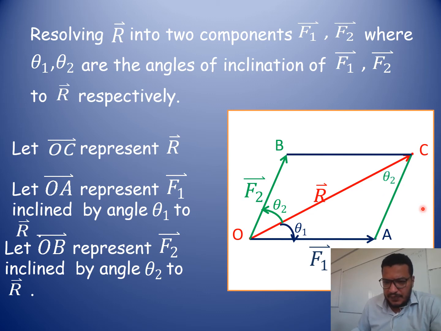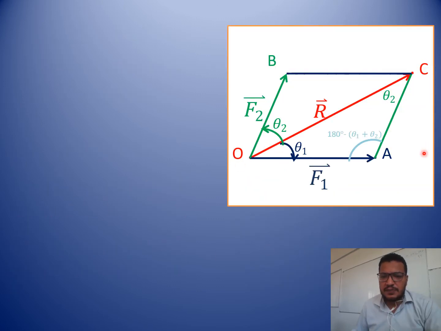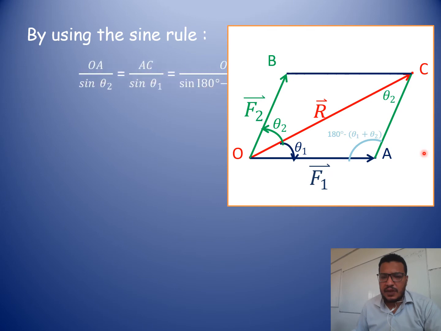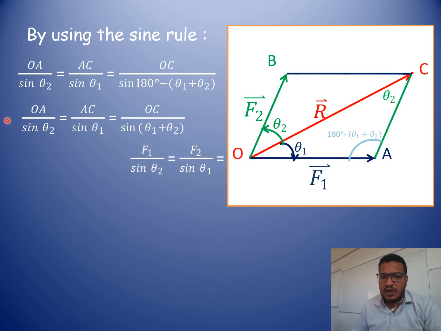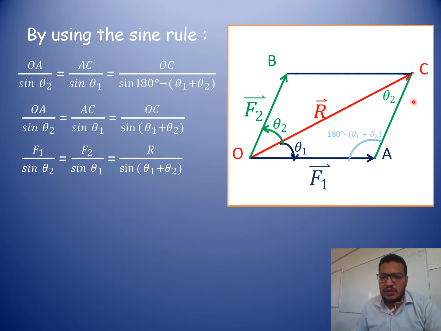So, by completing the parallelogram, θ2 equals θ2 by alternating angles. By using the sine law in triangle OAC: OA over sine θ2 equals AC over sine θ1 equals OC over sine (180 minus (θ1 plus θ2)).